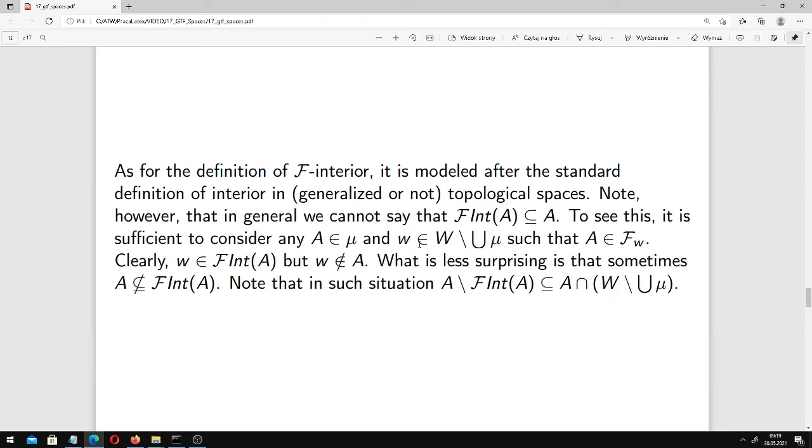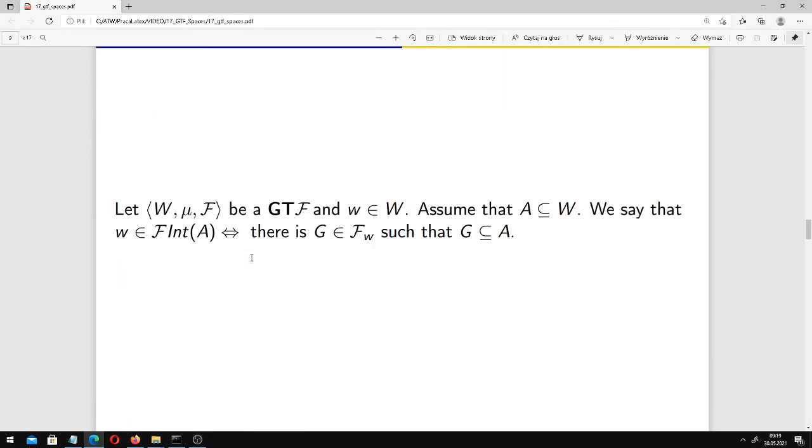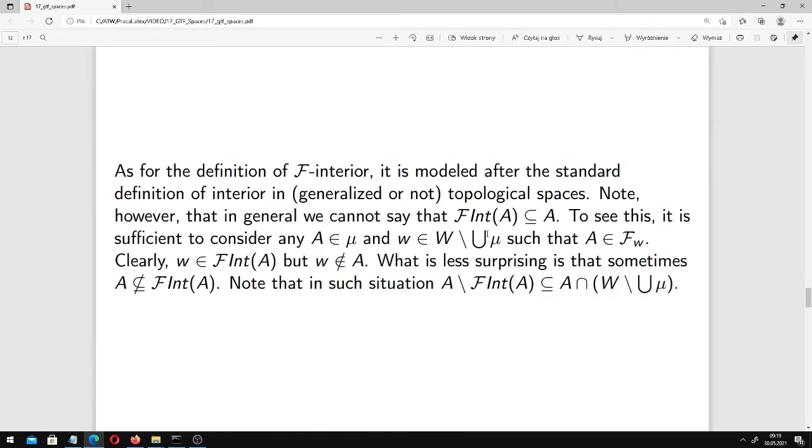Clearly, w is in the F-interior of A because of this definition. But w does not belong to A. What is less surprising is that sometimes A is not contained in the F-interior of A. But this is typical for any interior.